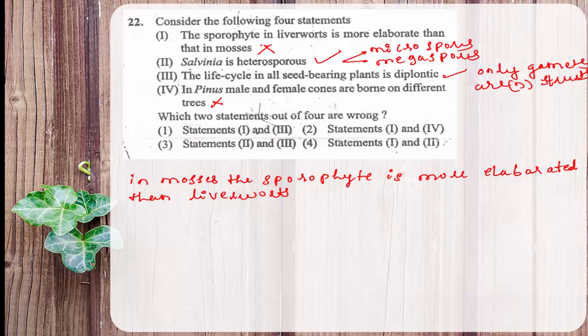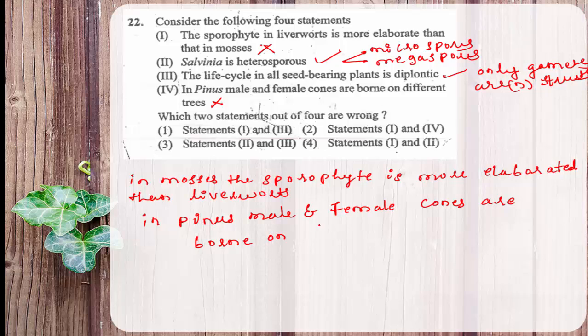In Pinus, male and female cones are born on different trees. Again, this is wrong, because in Pinus, male and female cones are born on different branches of the same tree.